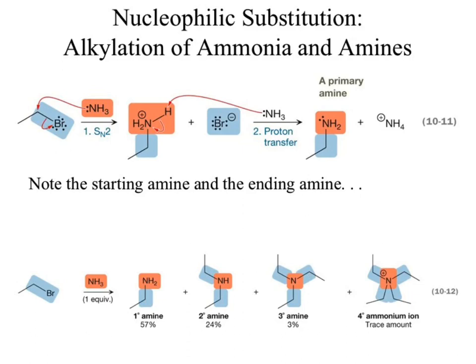It stops at the fourth because there's no more lone pairs. So nitrogen is particularly irritating and frustrating for this because it has lone pairs all the way through, and it can offload those hydrogens relatively quickly once it's accepted that fourth bond.